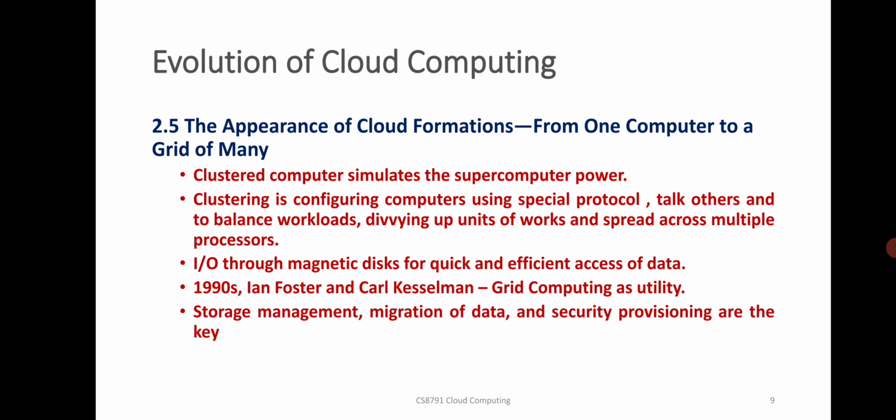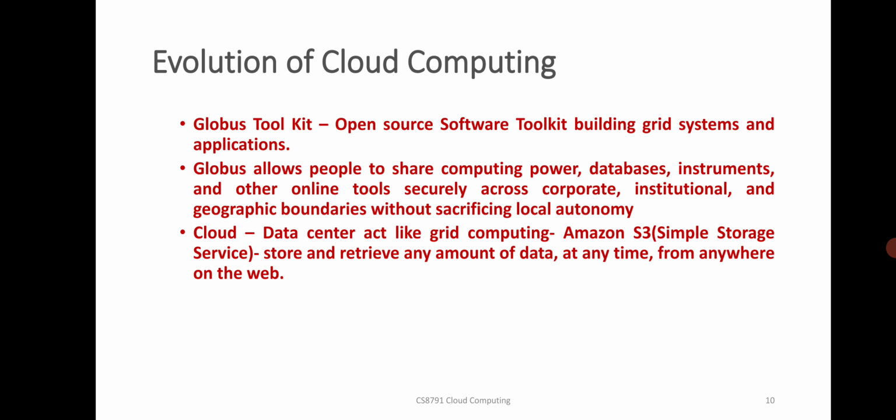Input and output through a magnetic disk for quick and efficient access of data. In 1990s, Ian Foster and Carl Kesselman proposed grid computing as utility. Storage management, migration of data, and security provisioning are the key in cloud computing.